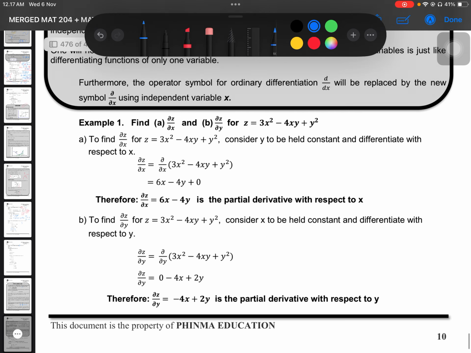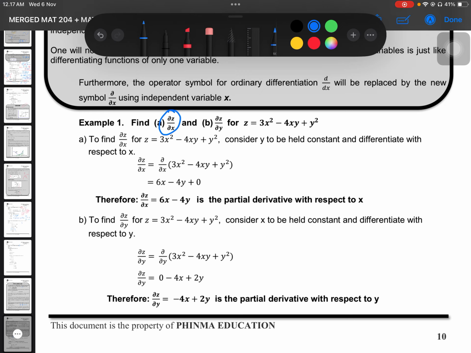Okay? So, example number 1 natin, find the partial derivative of z with respect to x and partial derivative of z with respect to y for z is equal to 3x squared minus 4xy plus y squared. So, letter A, ang kailangan mo muna is to get the partial derivative with respect to x.